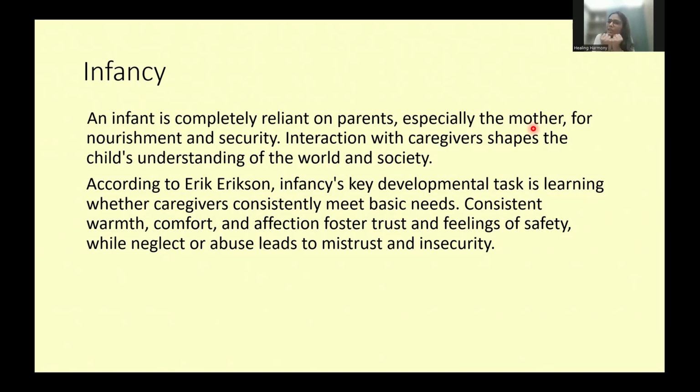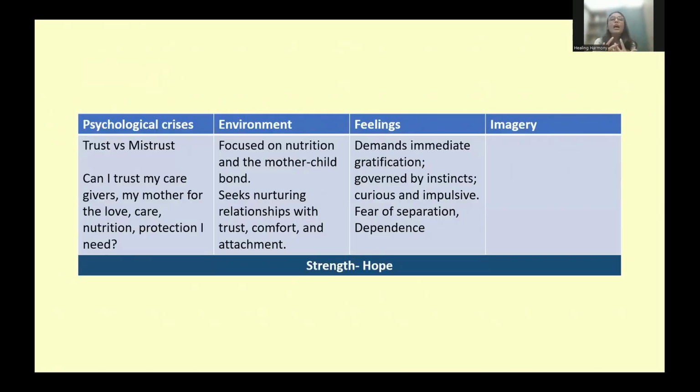On the first column of row 3, the idea is trust. I want to bond. I need this relationship that loves me unconditionally and I can completely rely on this person. And the idea is, if this relationship breaks, there is betrayal, there is mistrust. So this is the main idea in row 3. Row 3 is about trust and mistrust. It's about, can I trust for my care, for my nourishment, for my security, for my love?